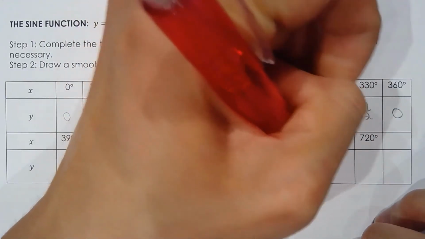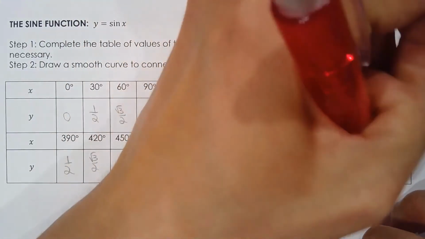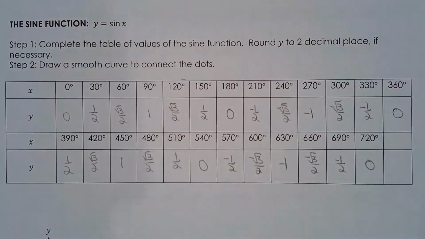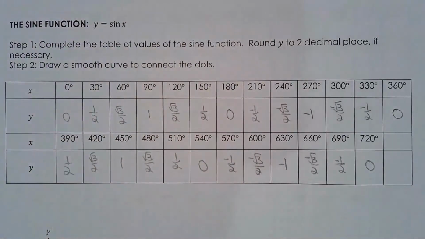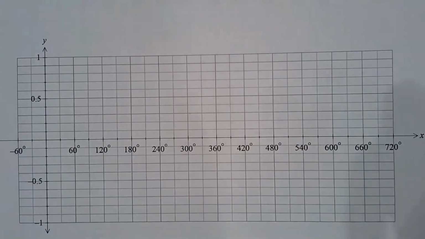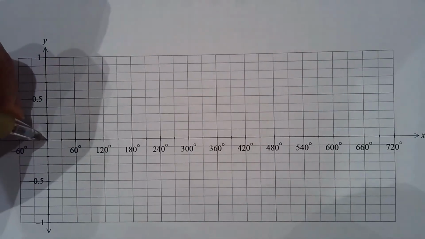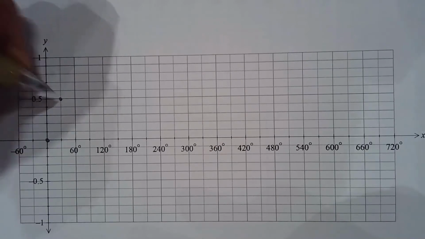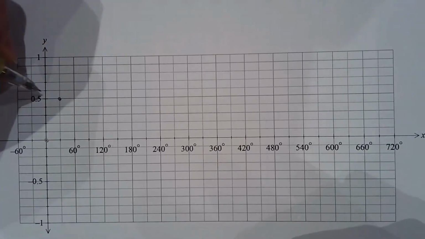All right. So hopefully you got the exact same values. We will now plot those points and connect the dots. Okay, so this is 0.87. So 6, 7, 8, 9. So we're looking at about there.